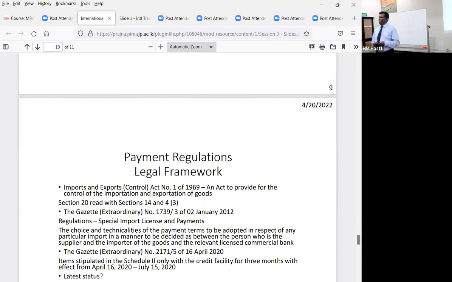After the LC is advised, the exporter knows the bank has given him the guarantee. Then what happens? According to the LC condition, this is the shipment. Number 5. When he ships, he transfers the documents to his bank.